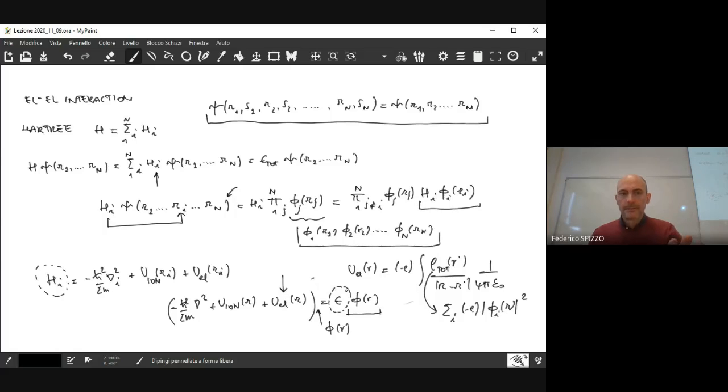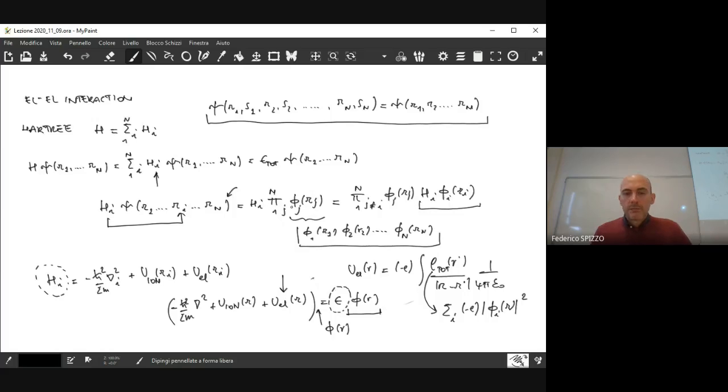So if we now want to make a short summary of this kind of approach, the approach is to use the total electron density to rewrite the Hamiltonian as a sum of one electron Hamiltonians. Thanks to this configuration, we may write down the n electron wave function as a product of single electron wave functions, so single levels.